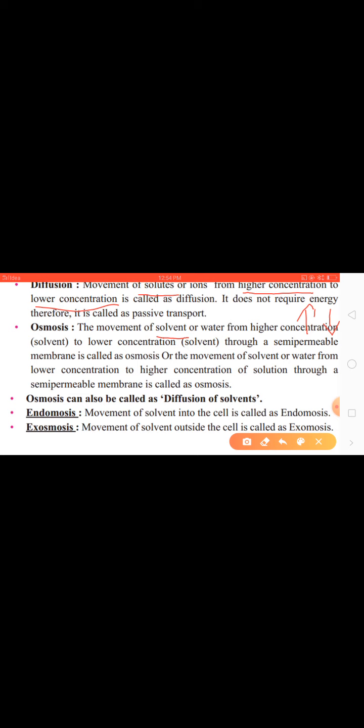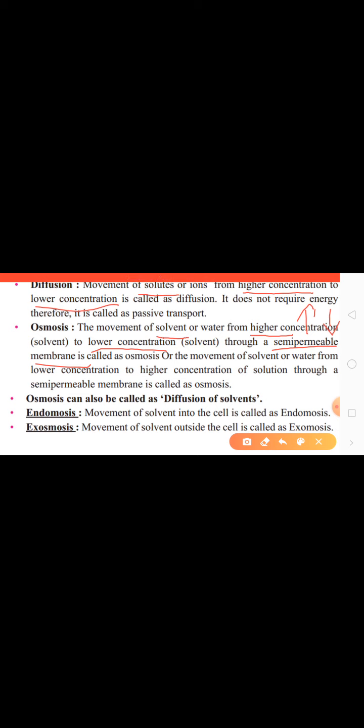So in this, sugar is a solute and water is a solvent. In the same way, in osmosis, the movement of solvent, especially the water molecules, is from a region of higher concentration to a region of lower concentration, but through a semi permeable membrane, and this is called osmosis. So why do we call it a special type of diffusion?